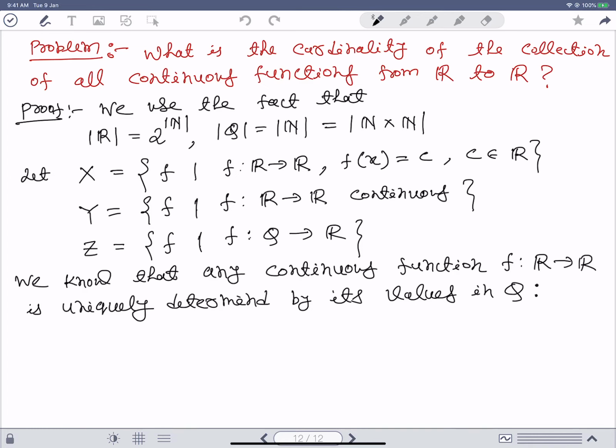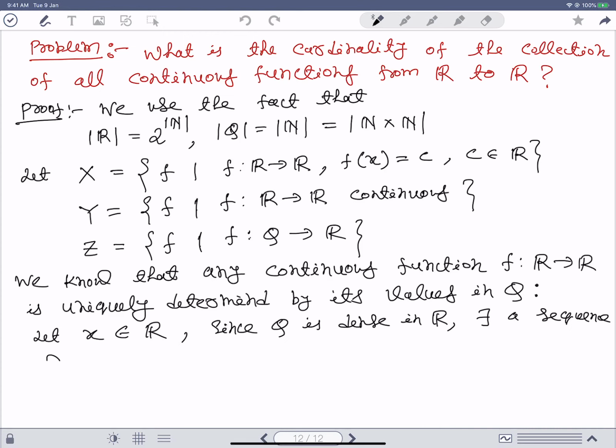Why? Let x be an arbitrary element in R, right? Now since Q is dense in R, there exists a sequence r_n in Q such that r_n converges to x, right?